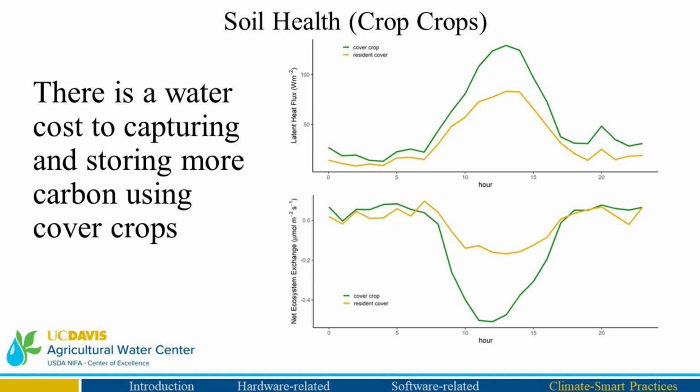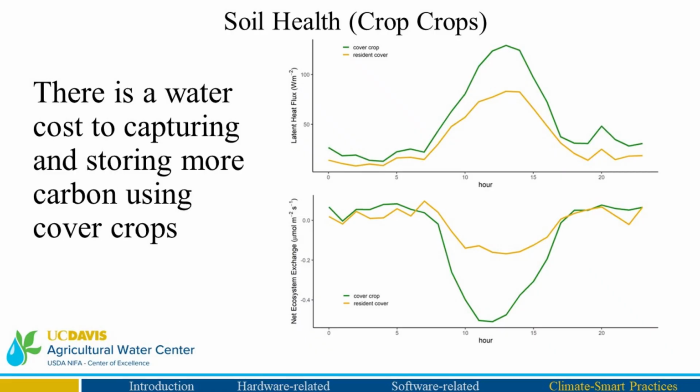To summarize this slide, when you have cover crops, you're going to use more water, okay? The cover crop orchard is the green, the one without cover crop is the yellow, meaning there's a cost to growing cover crops. But on the flip side, cover crops were fixing more carbon, okay?